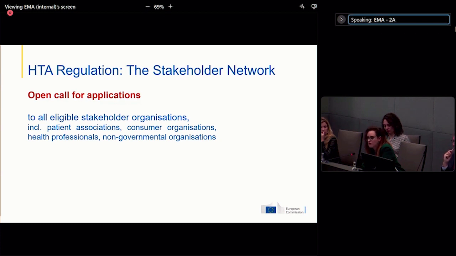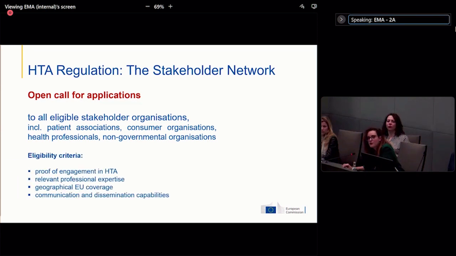So the call will basically follow the structure of the regulation. It will be open to all eligible stakeholder organizations, including patient associations, consumer organizations, health professionals, non-governmental organizations, and so on. It will be important to respect the eligibility criteria that are also detailed in the regulation.